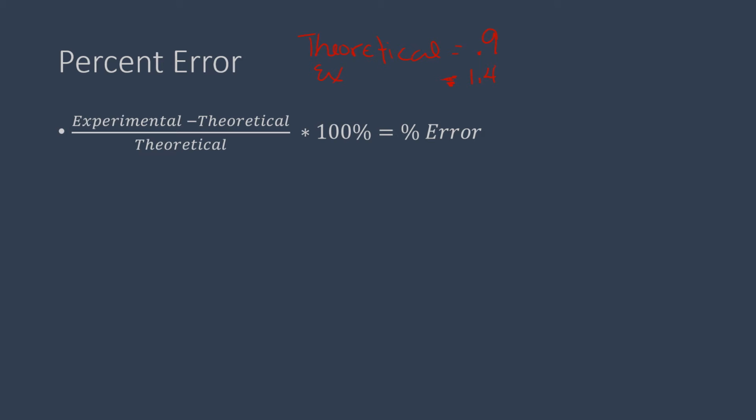So the formula for percent error, and I believe this is on the formula sheet, is experimental minus theoretical, and it should be the absolute value of experimental minus theoretical, divided by theoretical. You cannot have a negative percent error.